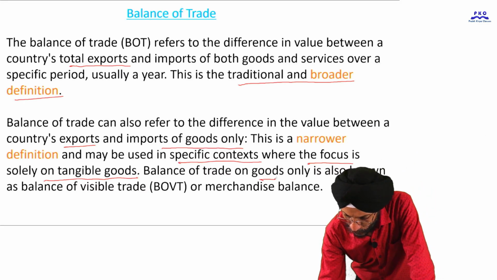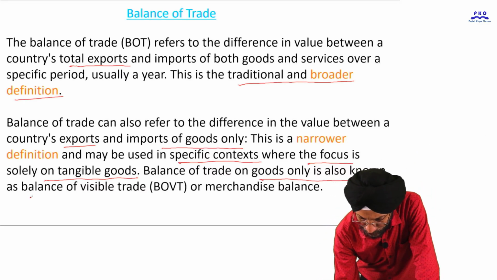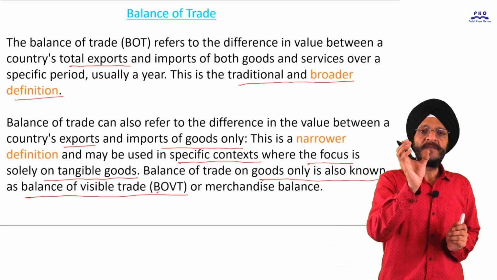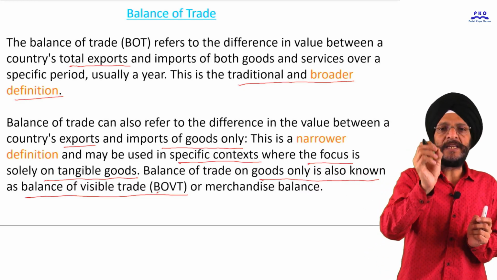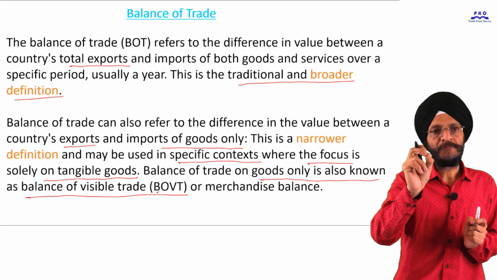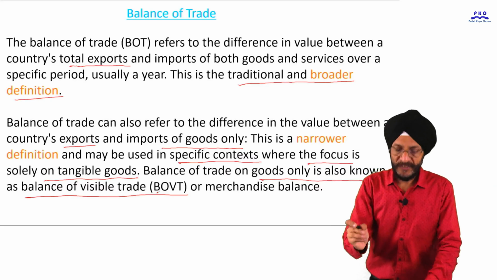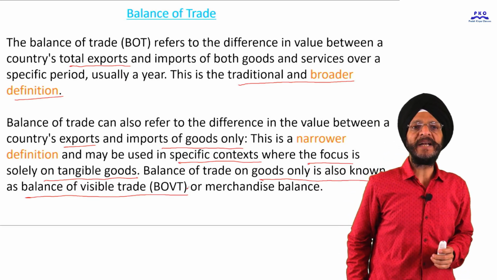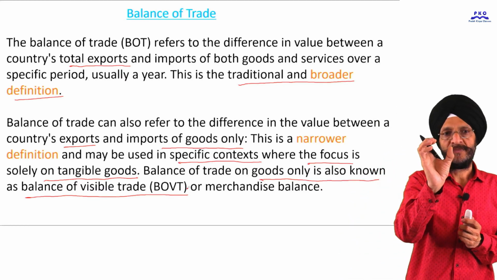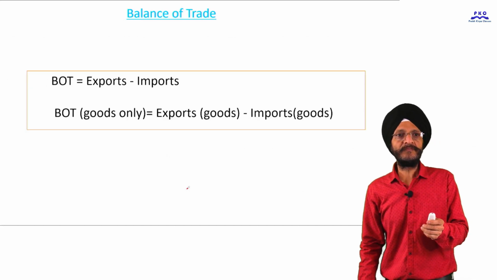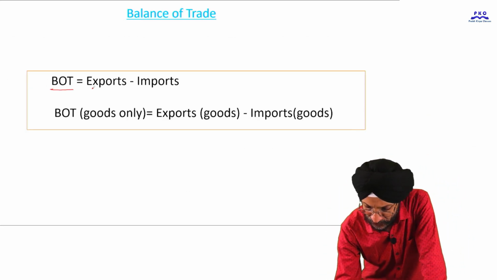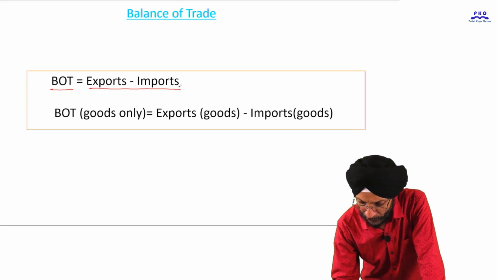Balance of trade on goods is also known as balance of visible trade. Visible means all those items which can be seen, touched, or measured. So, the narrower definition of balance of trade is also known as balance of visible trade, BOVT, or merchandise balance. Merchandise means goods balance. So here, this is the formula for calculation of balance of trade: exports minus imports.